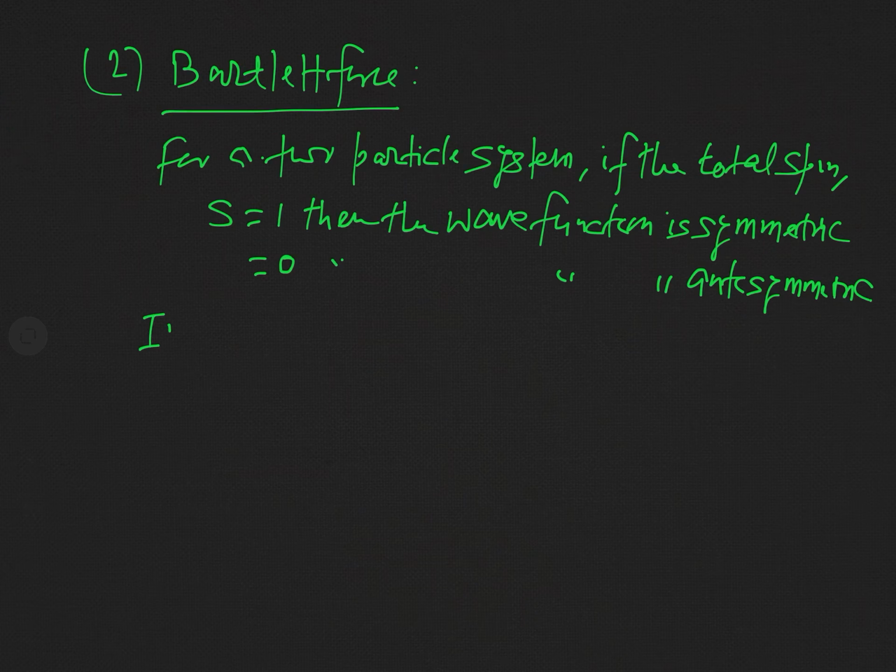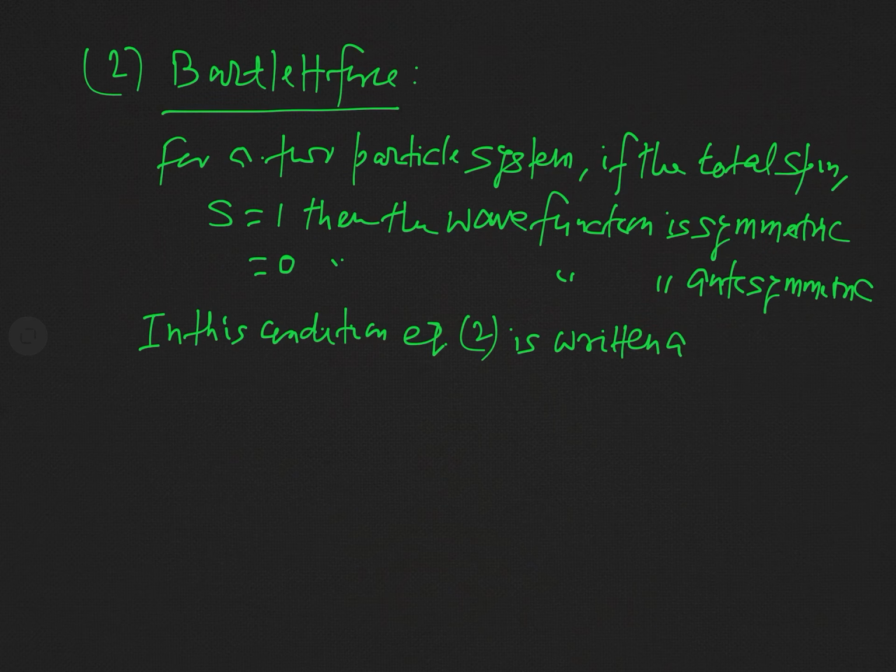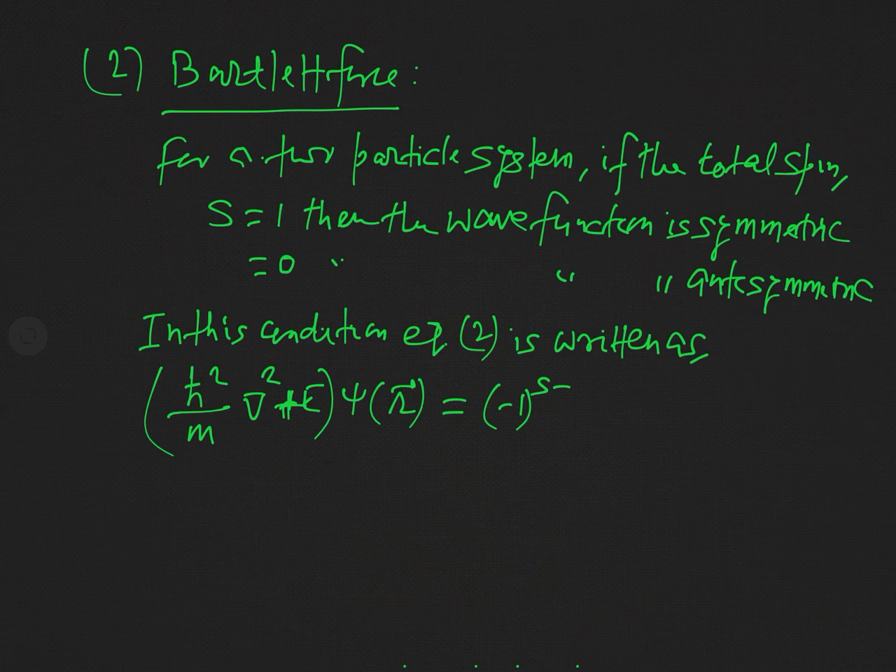So you can say in this condition, equation 2, which is actually the wave equation in case of Bartlett force, is written as h cross square over m del square plus E psi of r, and this is equal to minus 1 to the power s plus 1 v of r psi of r. Say this is equation 2a. In fact, this is another form of equation 2.